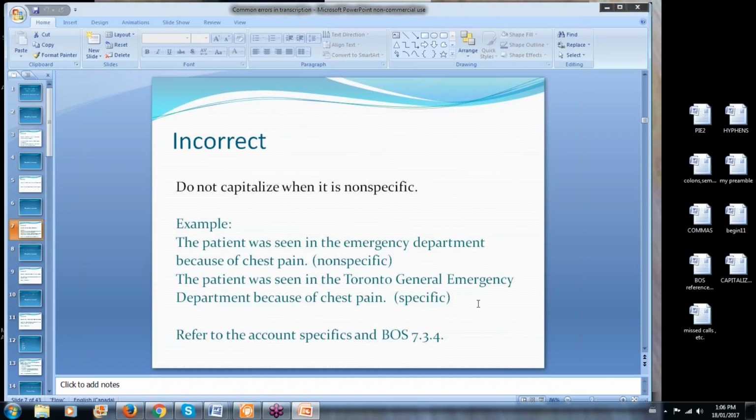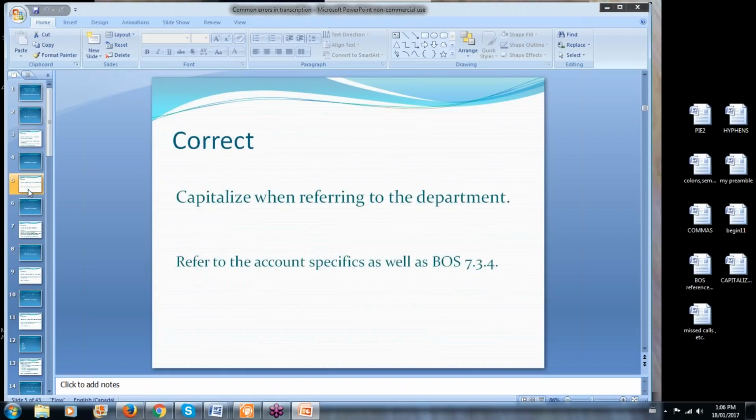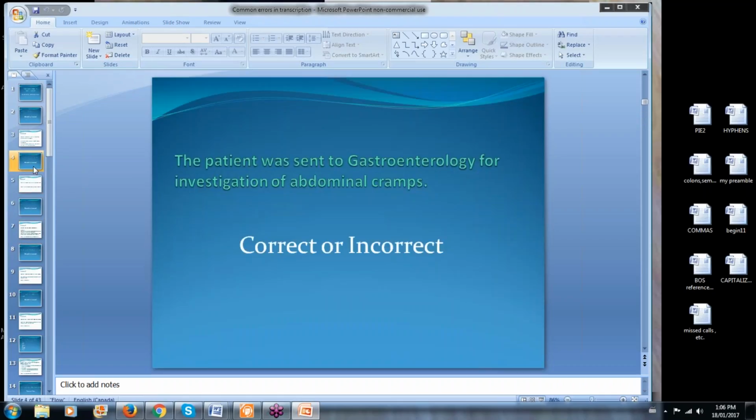So I know it can get a little confusing, but it's like this one here. The patient was sent to gastroenterology. When it's referring to the department, it's okay to capitalize it.